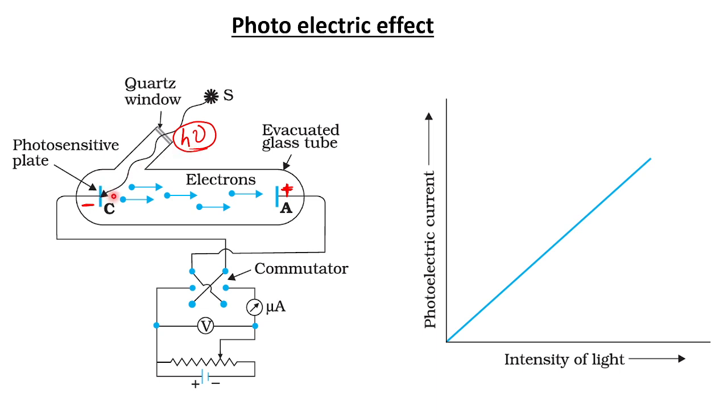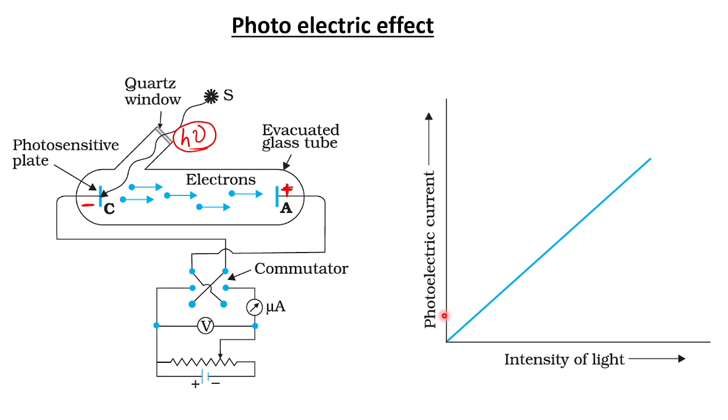Each photon is responsible for creating one electron, so more photons result in more free electrons. That's why it is proportional. So this graph is clear to you. You must learn the graph, okay?